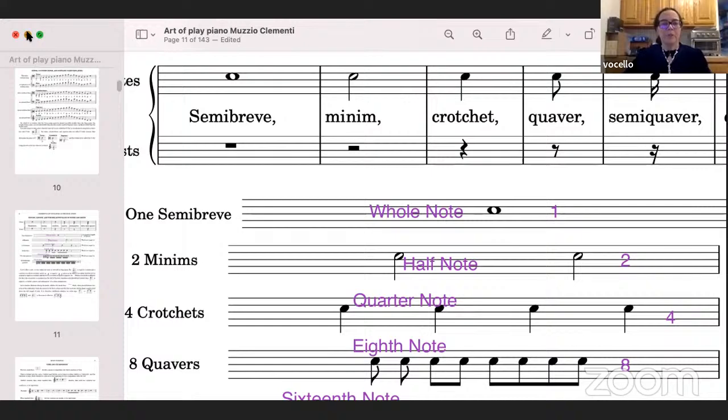When you say the pitch notes, we define the octave. So it's important to know the pitch notes, the octave the notes are written in.